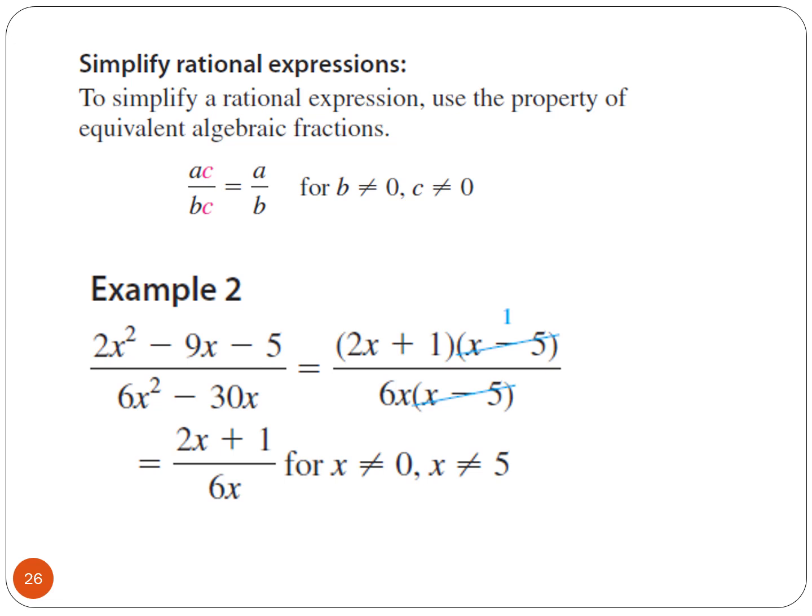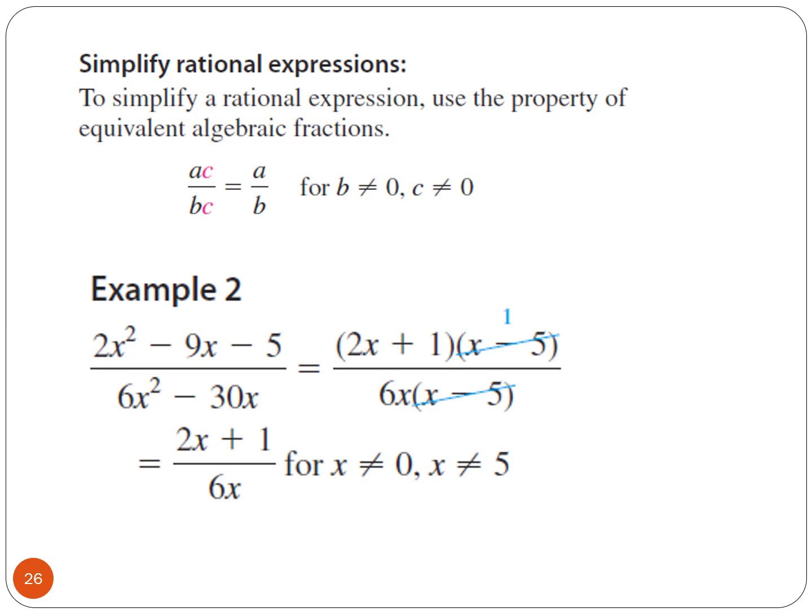Suppose you have 2x squared minus 9x minus 5 divided by 6x squared minus 30x. In order for us to see if there is a common factor or not, the first step is to factor the numerator and also factor the denominator. The numerator, 2x squared minus 9x minus 5, can be factored as 2x plus 1 times x minus 5. The denominator, 6x squared minus 30x, you can factor the 6x, and you're left with x minus 5.